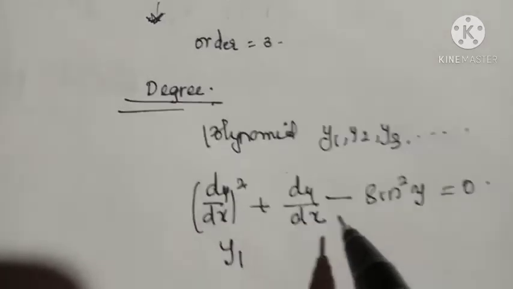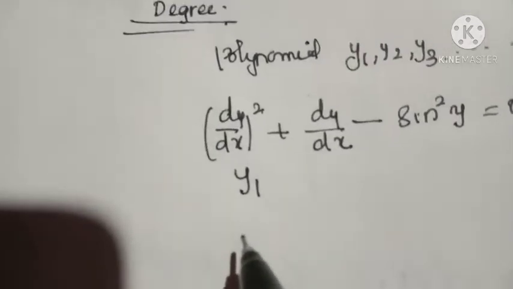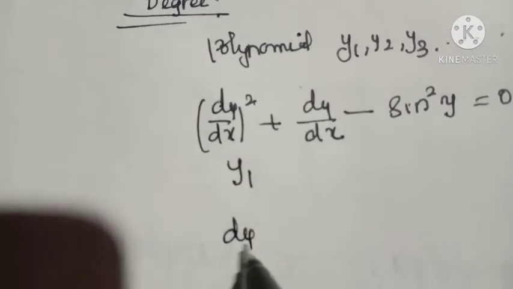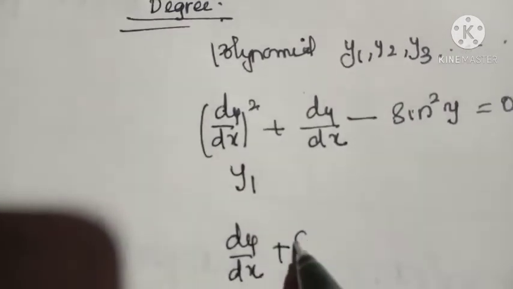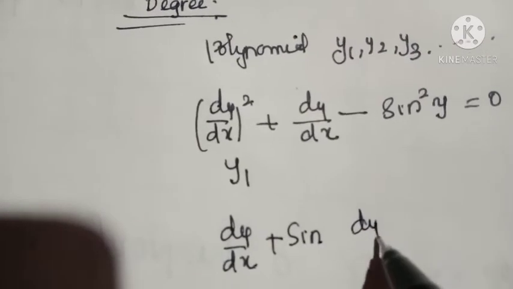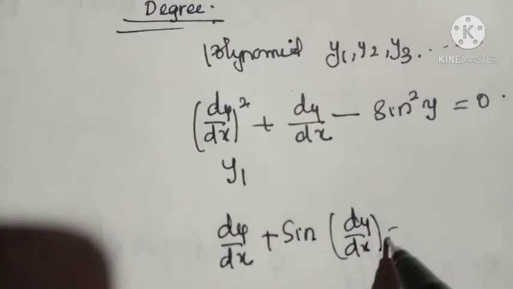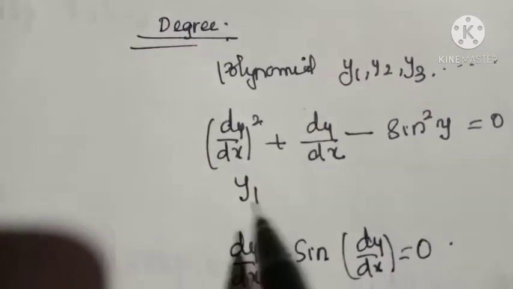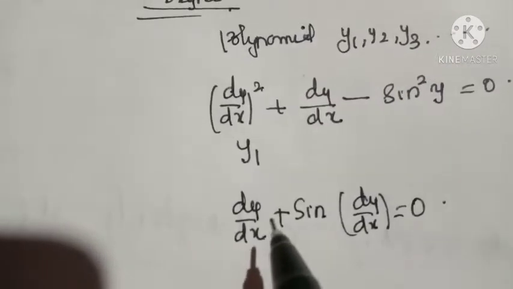Another one: suppose dy by dx plus sine dy by dx is equal to 0. Look at this equation.